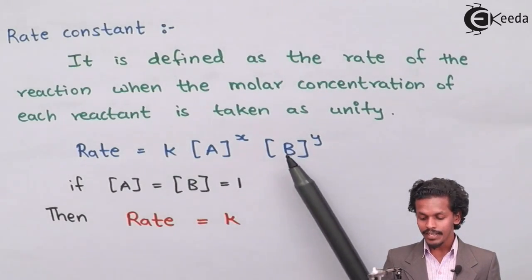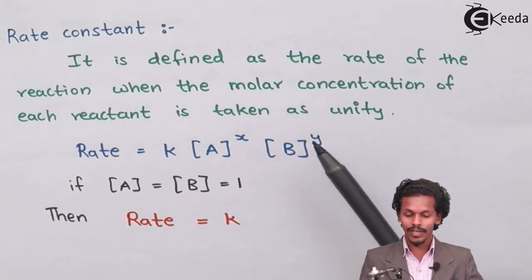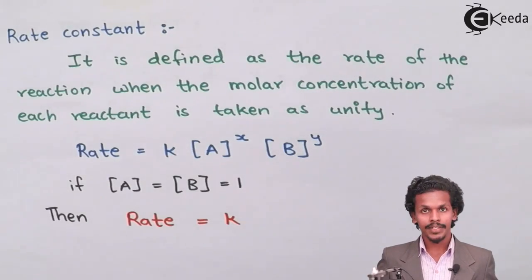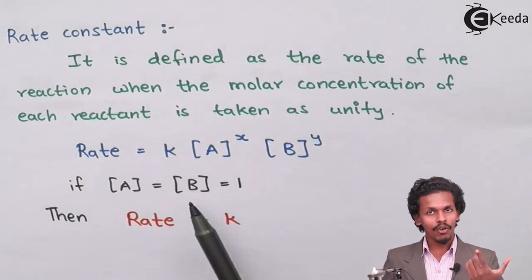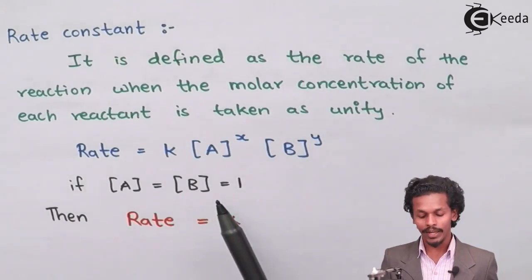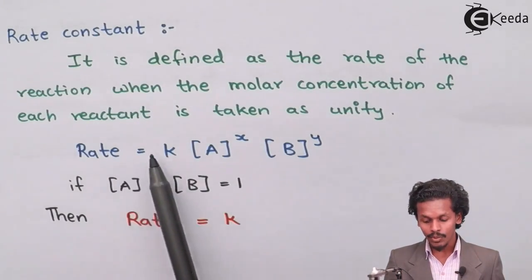Again, if B is also 1 molar, then B raised to y is nothing but 1 itself. So if A and B are both 1 molar, that is of 1 unit molar, then rate will be equal to k.